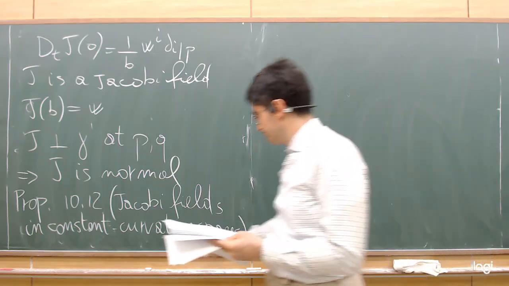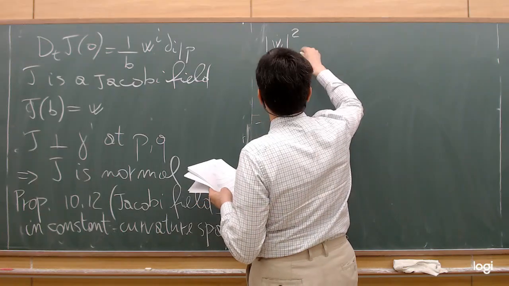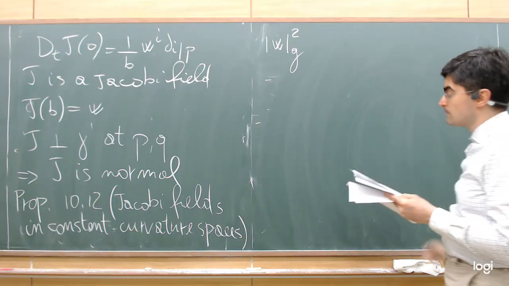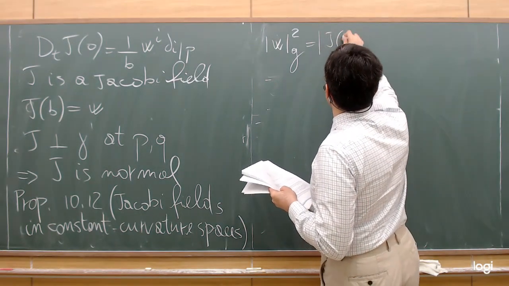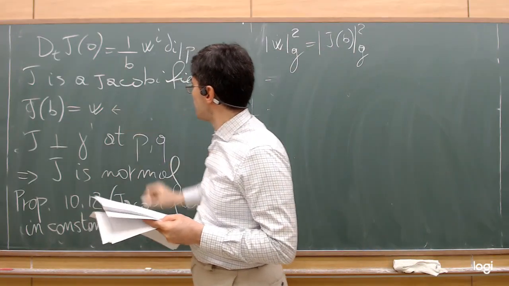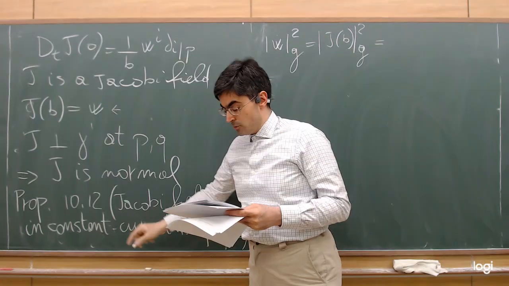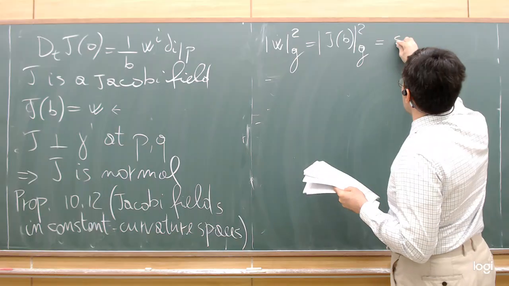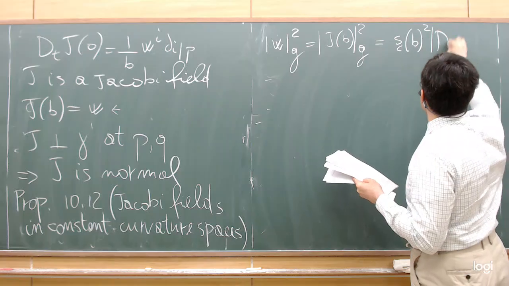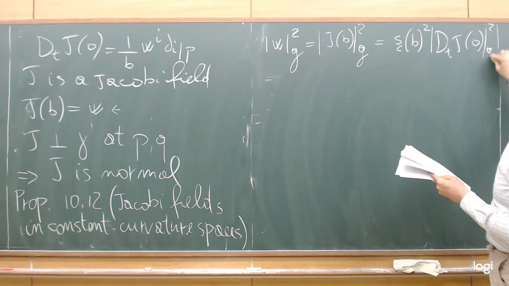And we have the following. The square of the length of W, this is equal to this, clearly. It follows from here. Then from this proposition you get sc_b squared times the length of D_t J at 0 squared with respect to g.